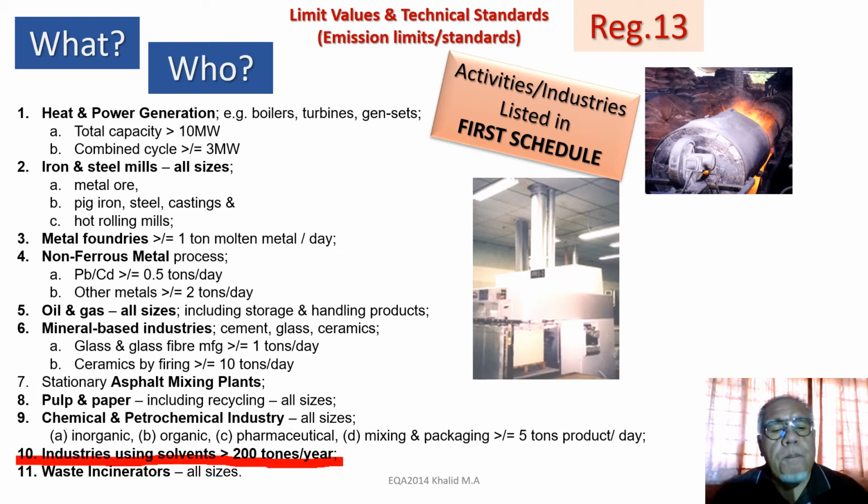Okay, now this industry is using more than 200 tons of solvent per year. What sort of industry? It can be any industry, and those industries may be as listed here, but also those industries might not be listed in the first schedule yet so far, from A, B, C, D, E, F, G, H, I, and now J. And this industry might not belong to any of the above industries already discussed.